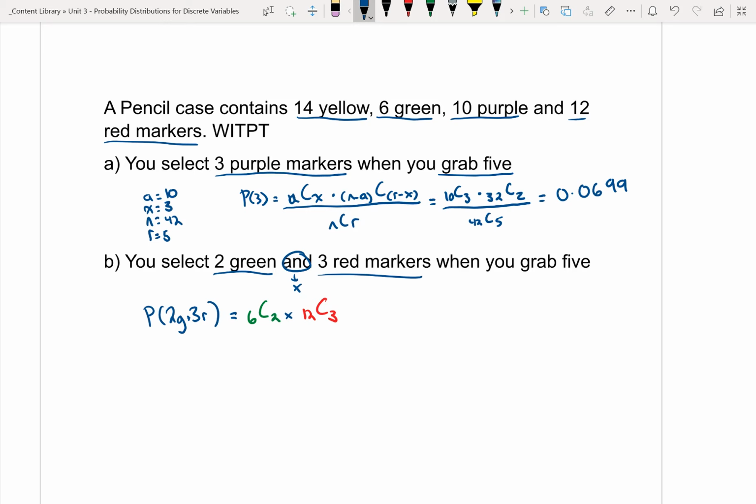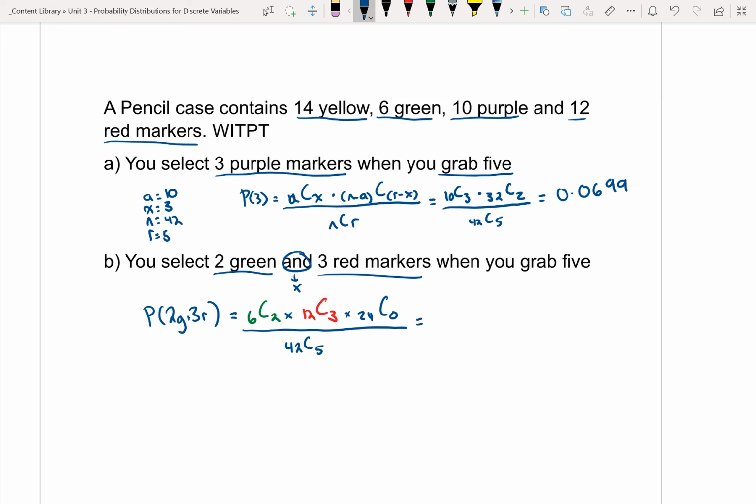And we're going to include in the end 24 choose 0 for all the other options. There's 24 unsuccessful options, but I'm not choosing any of them for my 5 markers because I want to look for the probability of choosing these 5, the 2 green and the 3 red. I'm still going to divide by 42 choose 5.